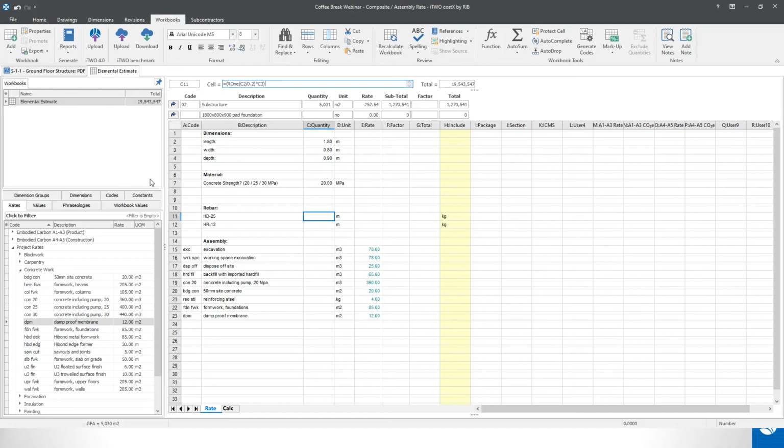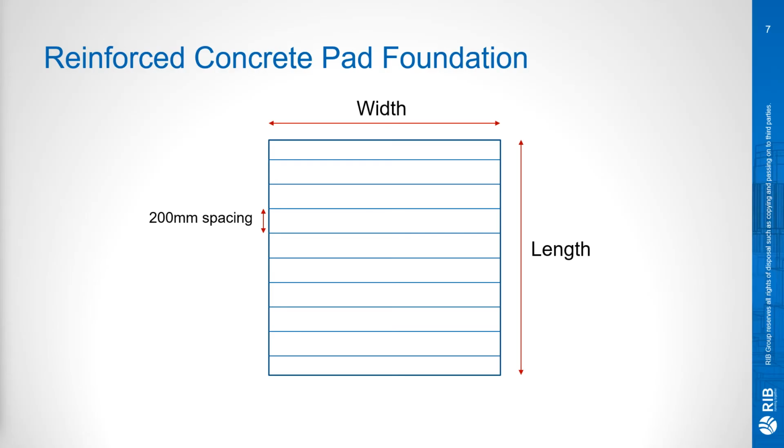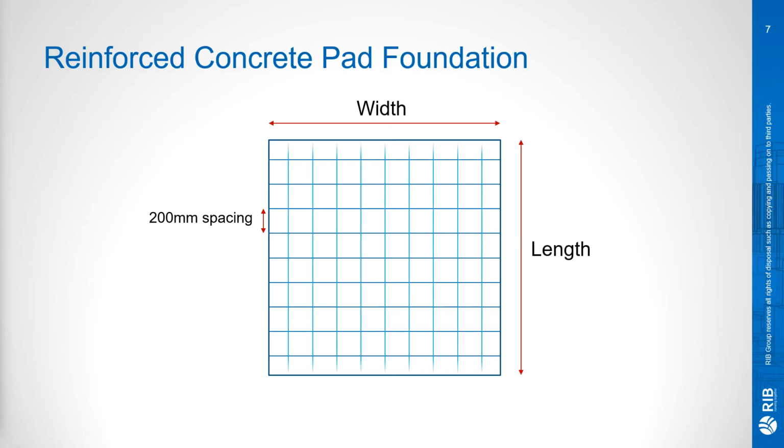Now, as I say, we are allowing for some mesh at the top and bottom. That's the rebar running in one direction. However, if we were to return back to this diagram over here, we now also need to allow for the mesh running in the other opposite direction, still with a spacing of 200 millimeters over there.